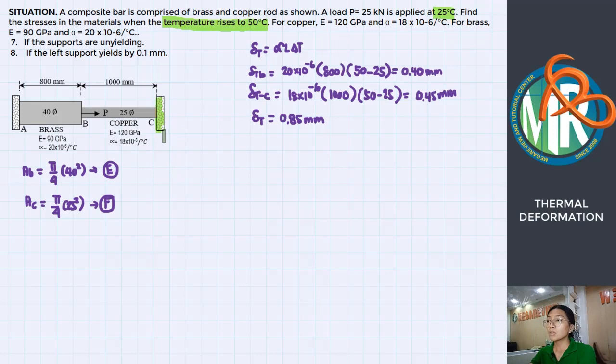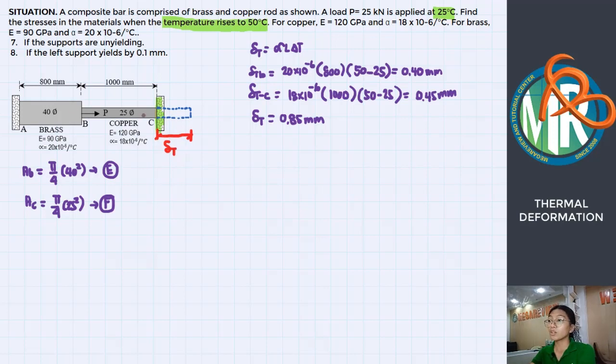So, para mag-expand to, imagine natin no, na matatanggal itong fixed support sa point C. Tama? Imagine lang. No? So, if wala na to, pwede nang mag-expand yung rod natin dito. Tama? So, yung makikita mo ditong total na expansion is yung delta T total. Tama? Due to the temperature change.